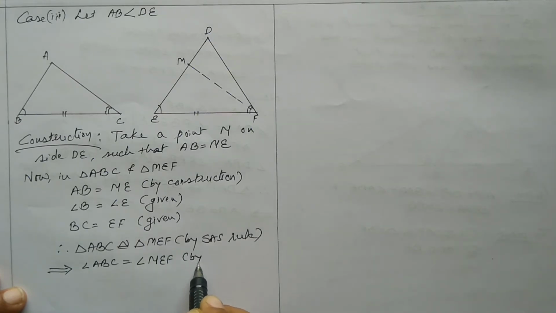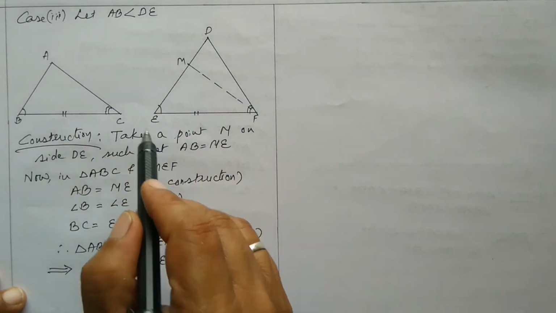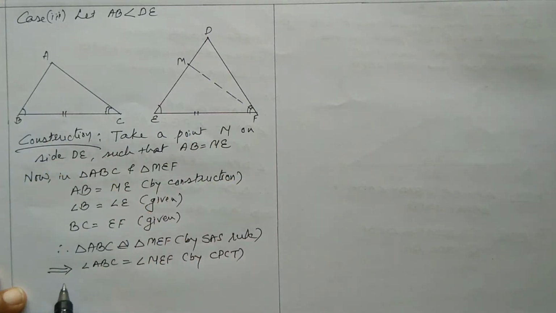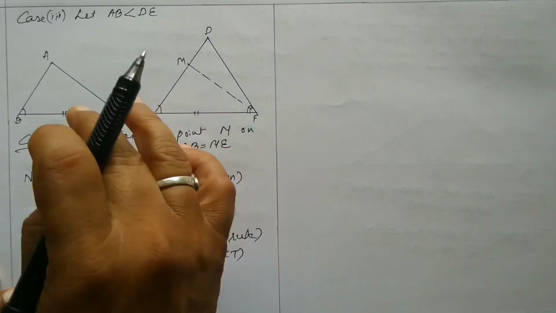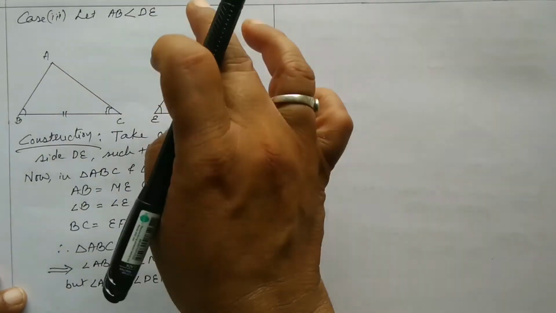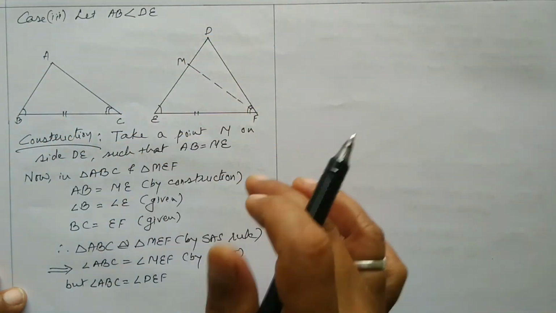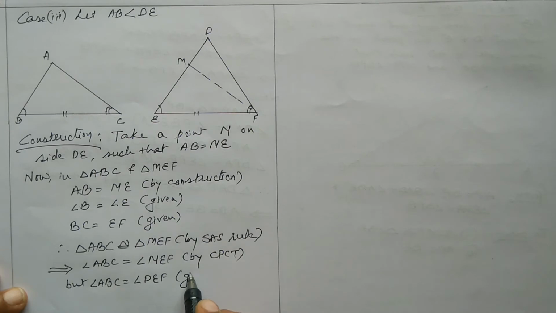But angle B means angle ABC, and angle ABC is equal to angle DEF. E means original triangle I am talking, DEF. So angle ABC is equal to angle DEF. This is given to us.